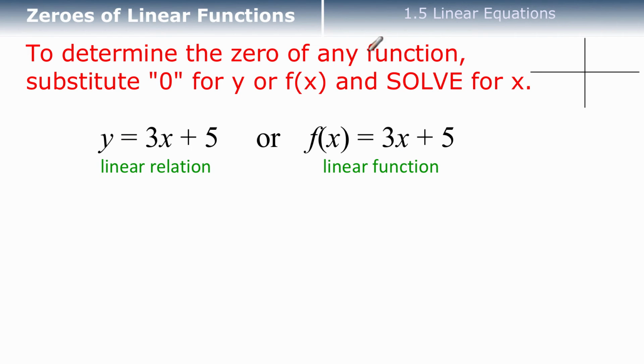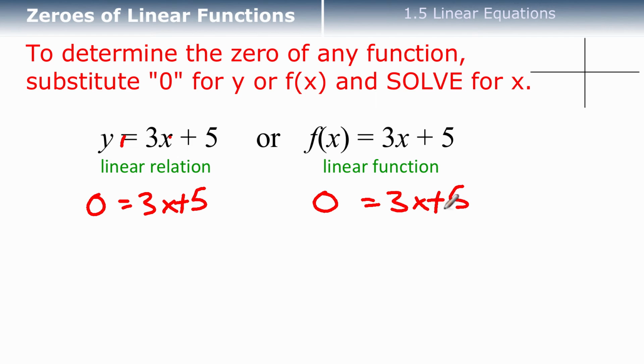So to determine the 0 of any function, you plug a 0 in wherever you see a y or wherever you see a whole f of x thing. So for example, in this case here, if I wanted to know the 0 of this equation, I put a 0 in for the y. So I go 0 is equal to 3x plus 5. If it was in functional notation like that, I'd replace that whole f of x with a 0.